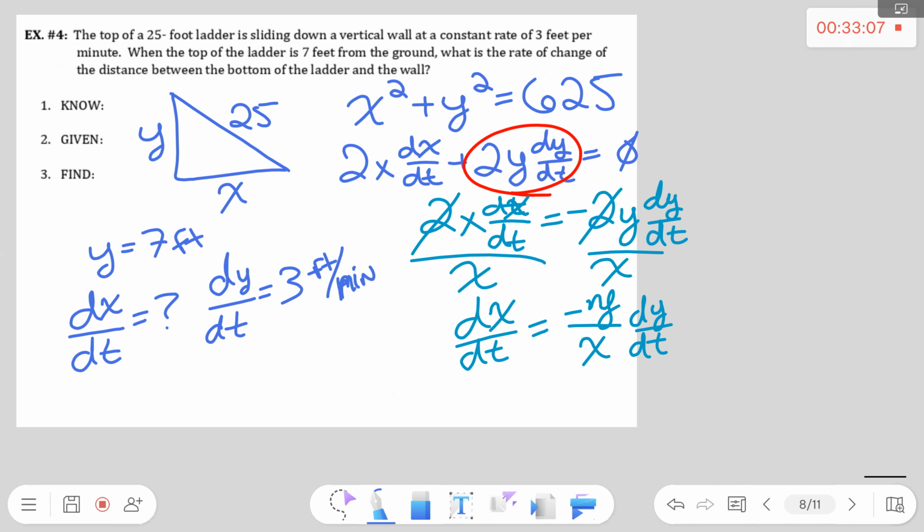Just do it, don't make it hard. Seven squared is 49. 625 minus 49 is 576. The square root of it is 24.